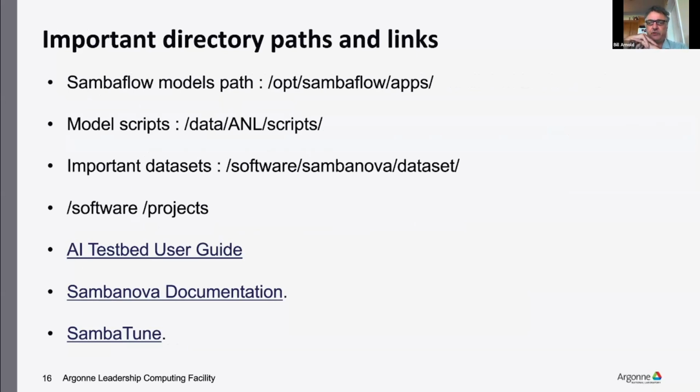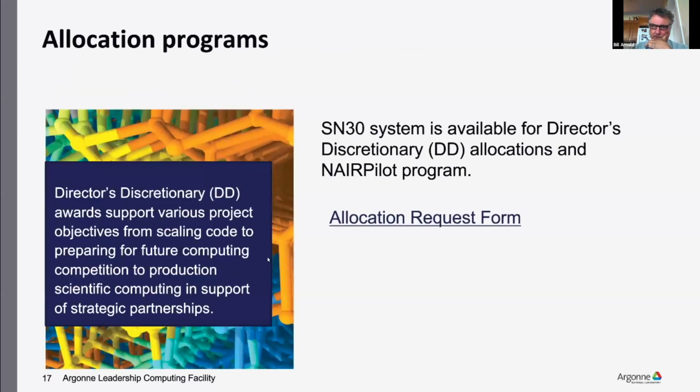The local paths of interest are /opt/sambaflow/apps and /data/ANL/scripts. We've also cached some standard datasets in /software/sambanova/dataset, and /software/projects and /projects are places that have more storage space if you need it, available for director's discretionary allocations.